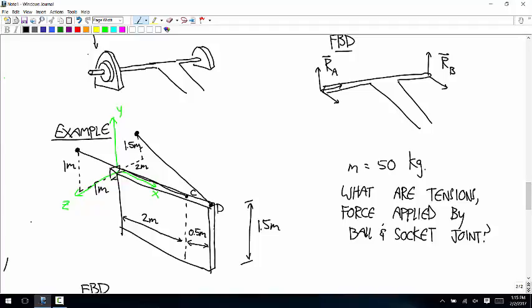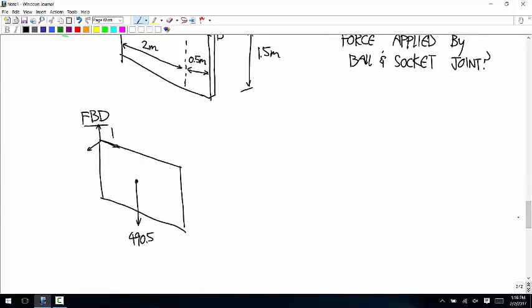So there's C and D. The connection on the left to the wall is A, and the other connection is B. Okay, so we'll call that force vector R.